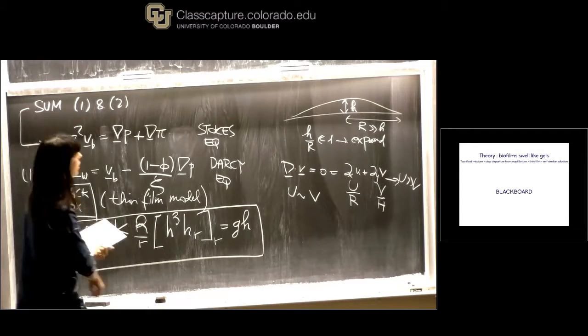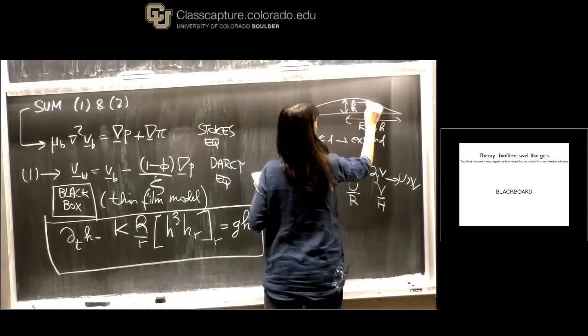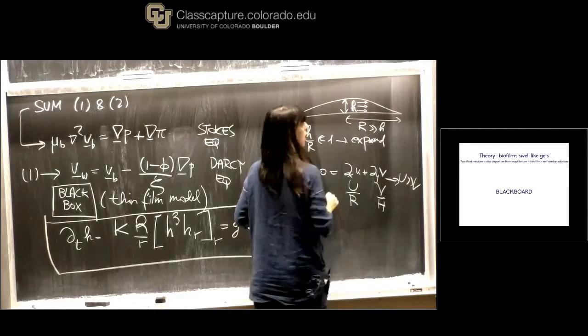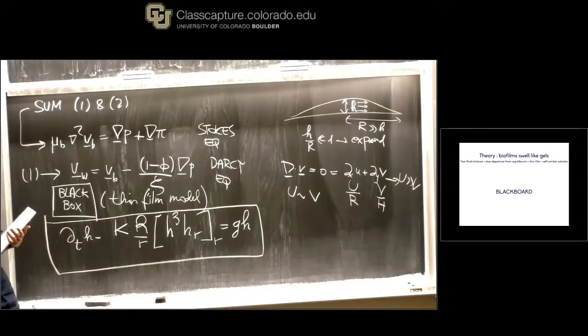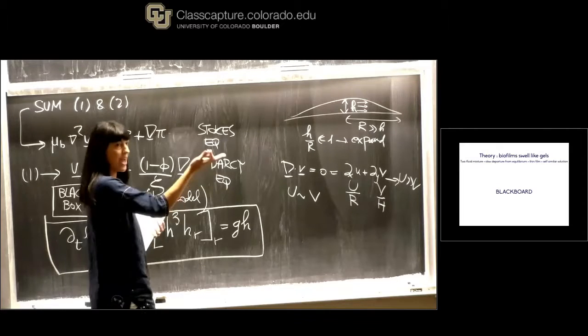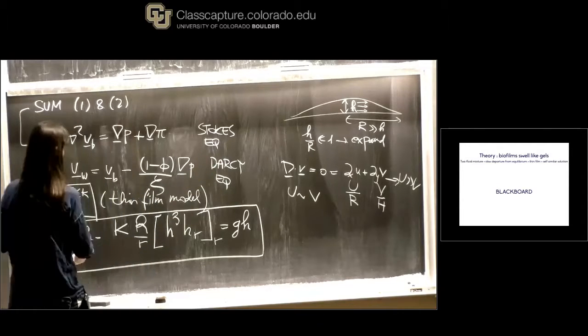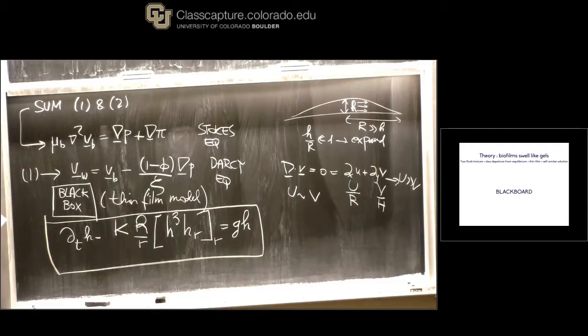We have a velocity, and you just make mass conservation but integrate it in z. Because you integrate between 0 and h, you get an equation for h. I'm not going to be able to give you more intuition.